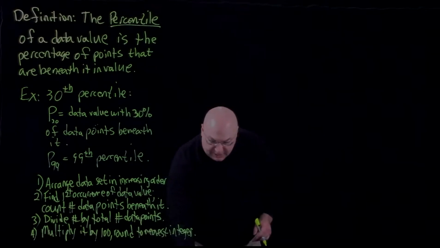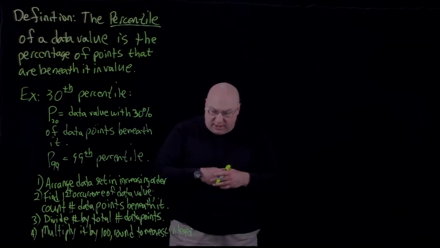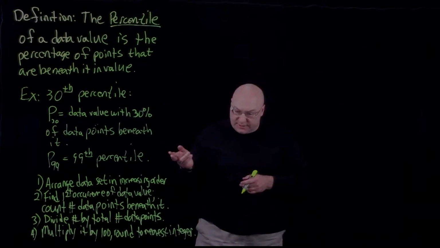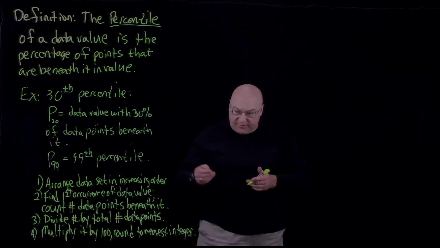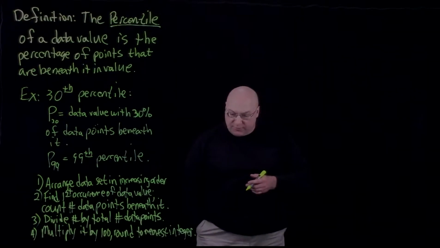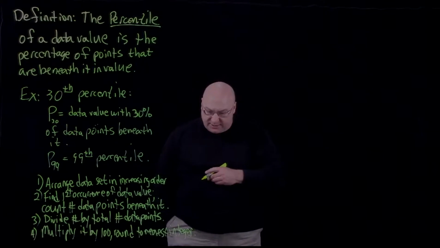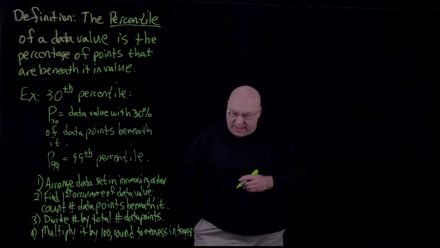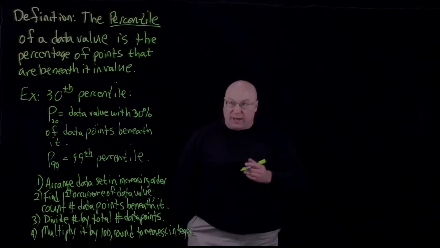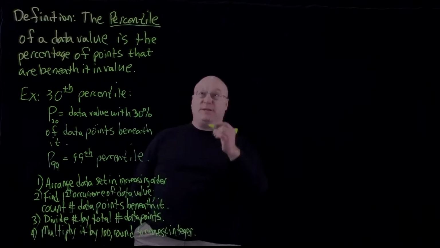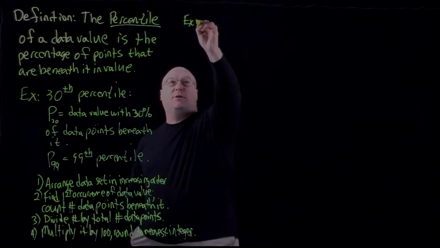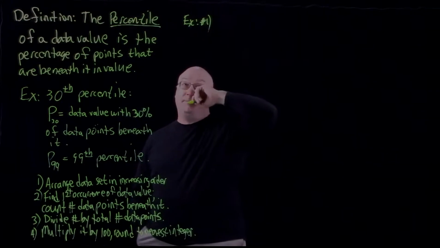So if you look at your notes, recall the set of weights of 25 newborns in pounds from lecture 7. There I've listed that set. And I say, find the percentile of the weight 8.2 pounds. This is example number 1.